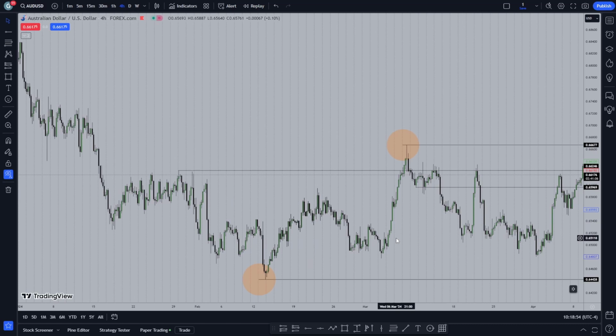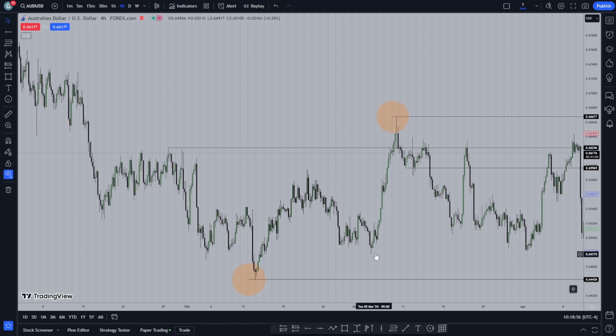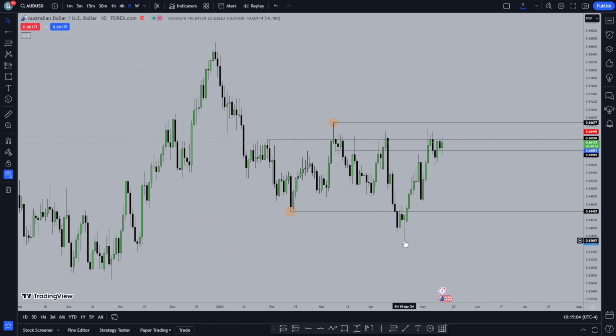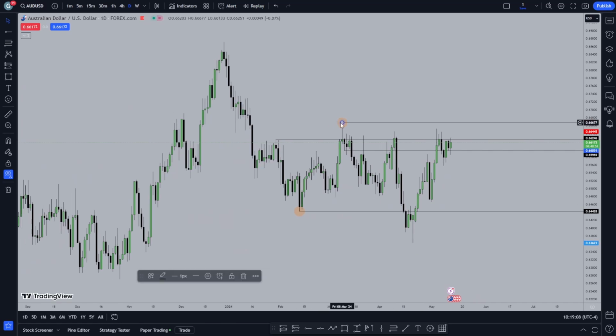If you want to know the daily bias, okay, so if you want to apply a daily bias, now you can see that on the daily time frame, let's look at this example over here.